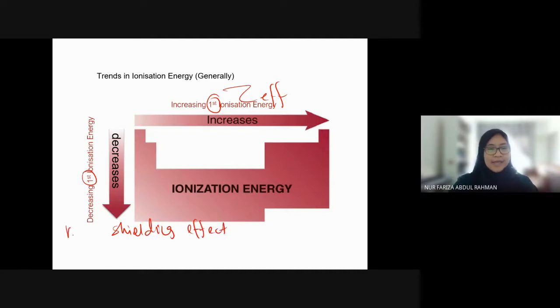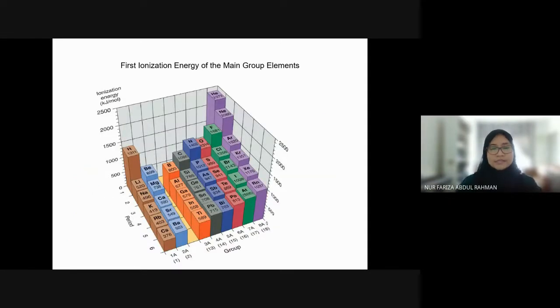Kena highlight juga, down the group, shielding effect increases and the size become larger, therefore ionization energy become smaller. Okay. Alright, so this is just to highlight, okay, this is the trend.